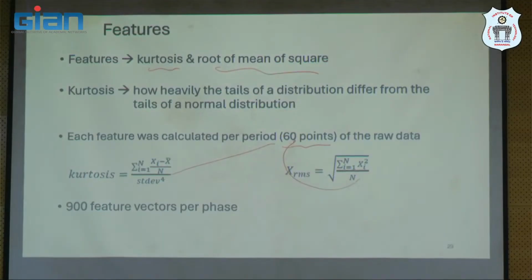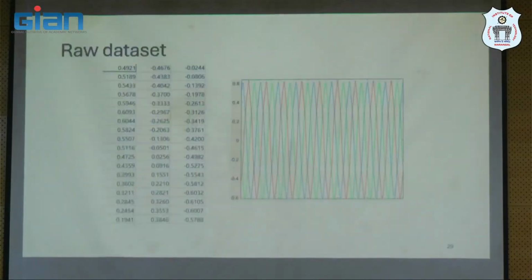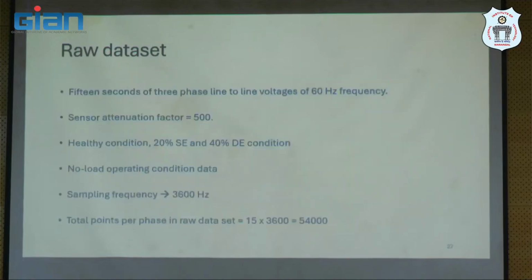So basically, the 54,000 data points, if I divide by 60, I would get 900. I will take 60 points from the 54,000, and 60 points represent one sinusoidal cycle. For that one cycle, I will calculate RMS.